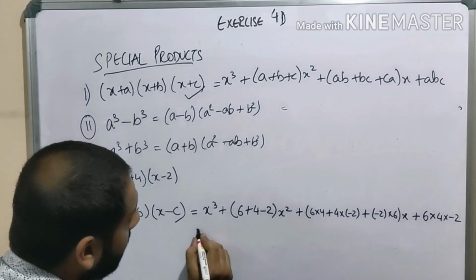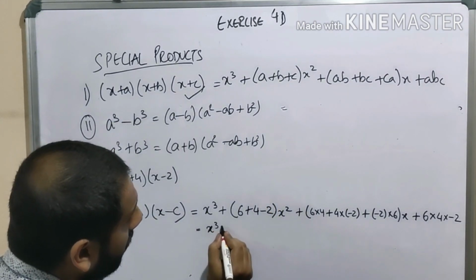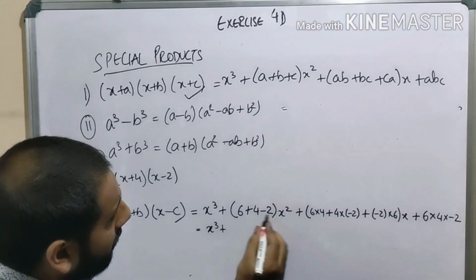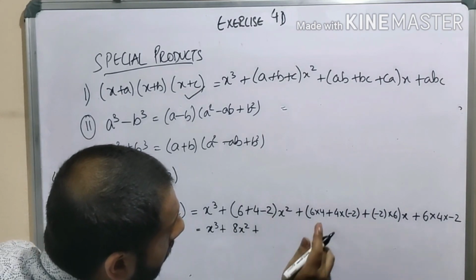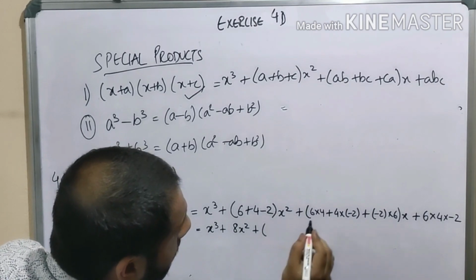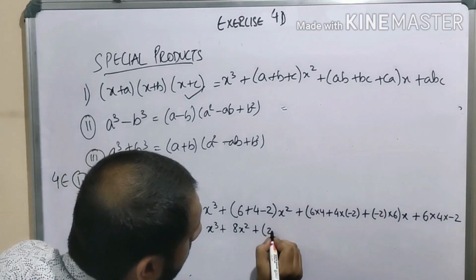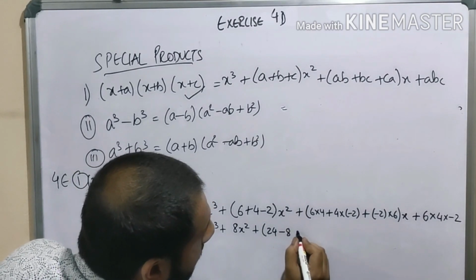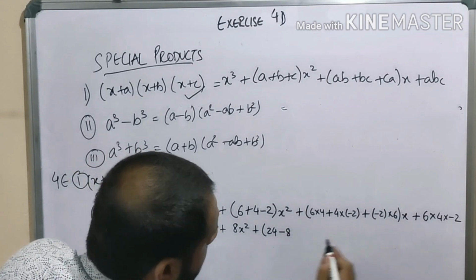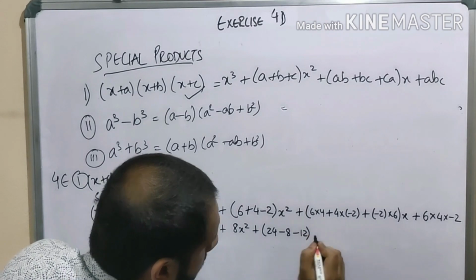Now solve this. This becomes x cubed plus 6 plus 4 is 10 minus 2 is 8 into x square. Okay, I'll solve this. 6 4s are 24. 4 2s are 8, minus 8. This becomes 6 into minus 2 is minus 12 of x.